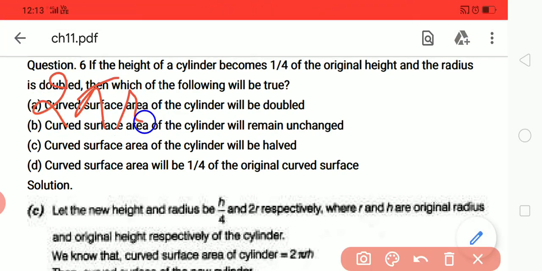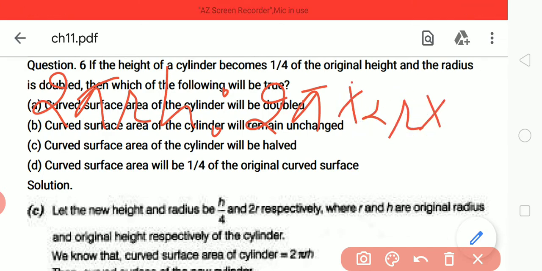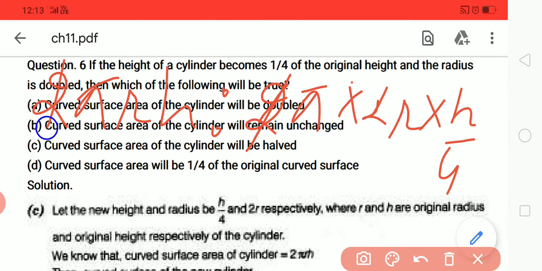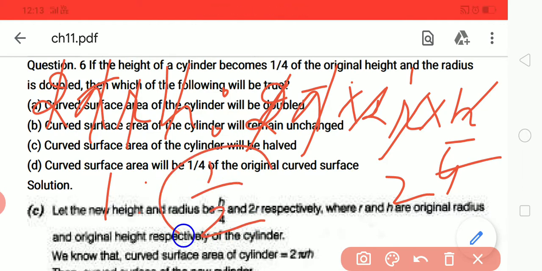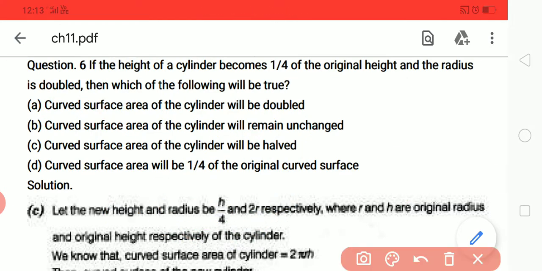Now r is doubled, so it becomes 2r, and the height is 1/4. 2 cuts with 2, pi with pi, r with r, h with h. So 2 ones are 2, 2 twos are 4, and we get 1/2. So it will be half of the previous one. So it is halved, right? So C is the right option.